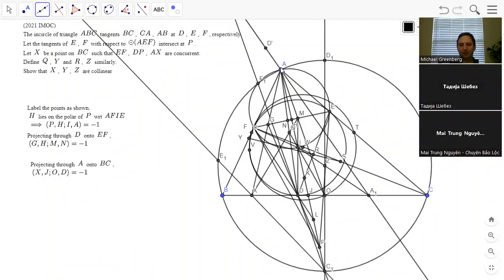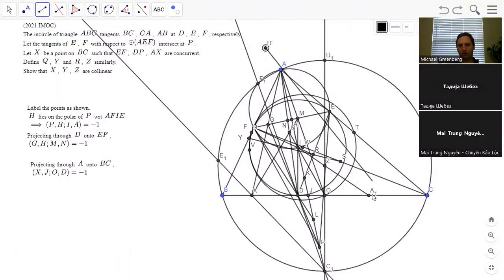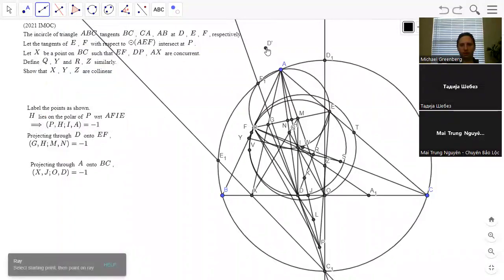Interesting. This is fascinating. Basically you're saying draw that whole ray and see where it cuts the circle.